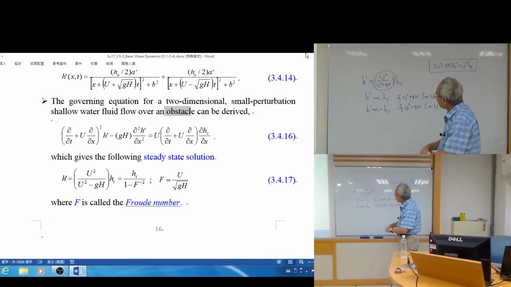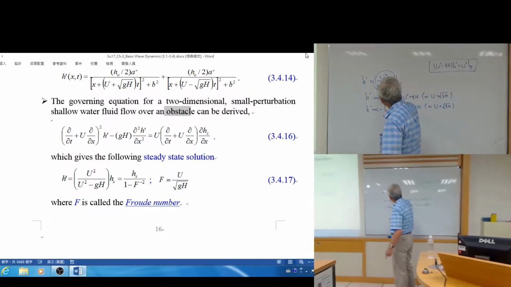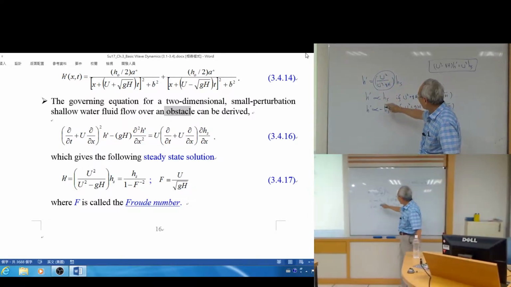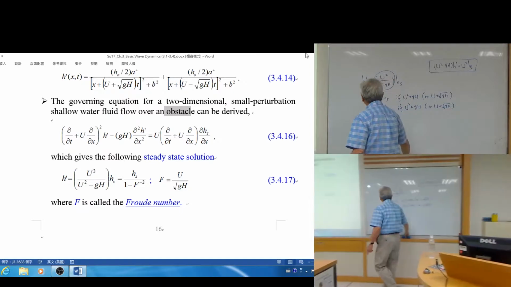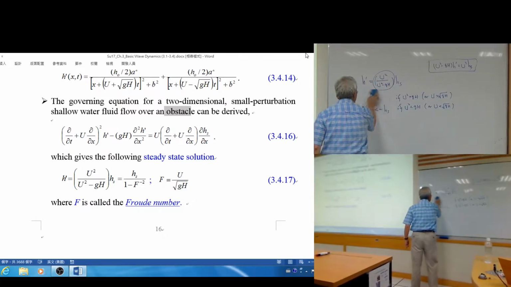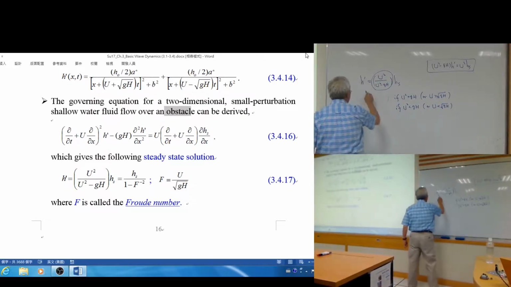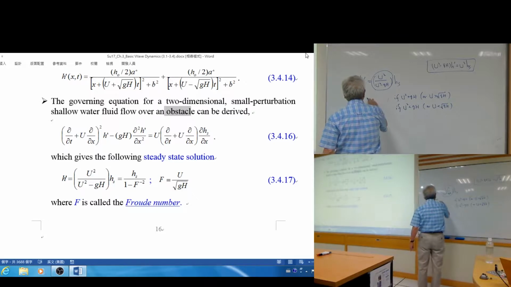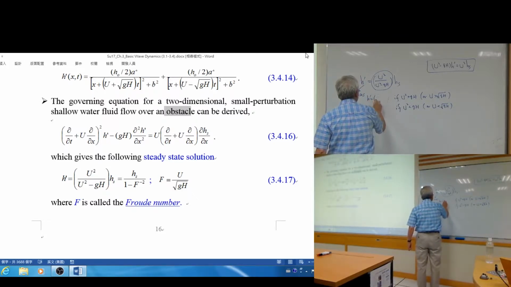So if U squared is greater than gH, then basically we have two cases. In the first case, h prime simply equals U squared over U squared minus gH times h sub s.